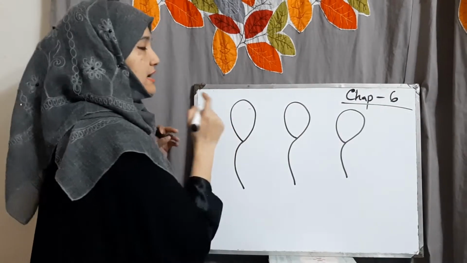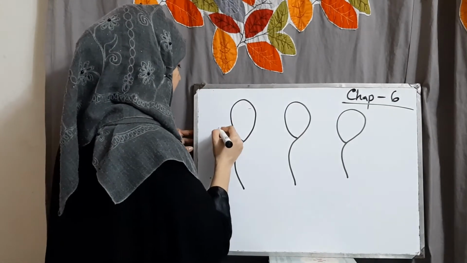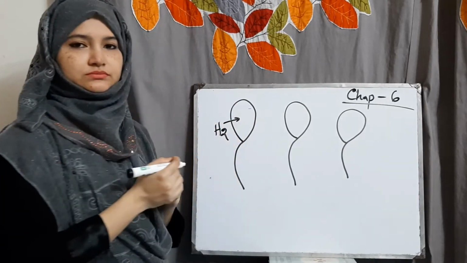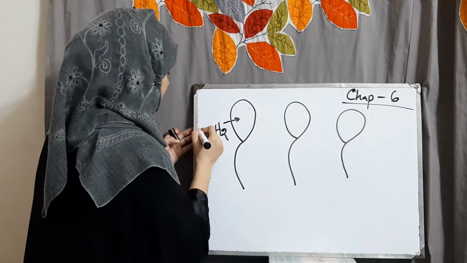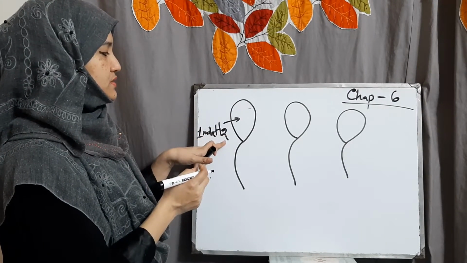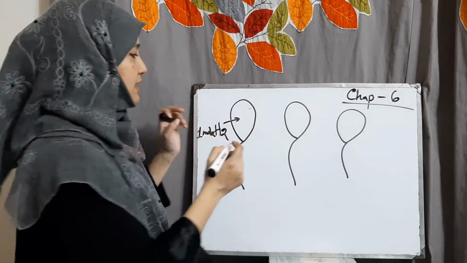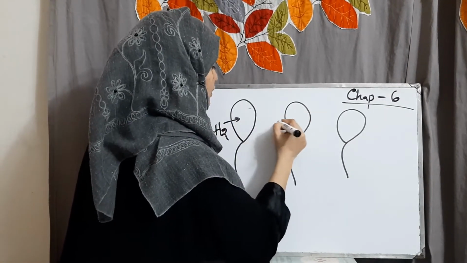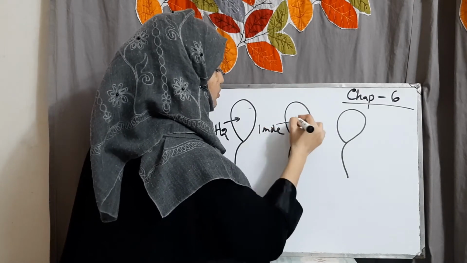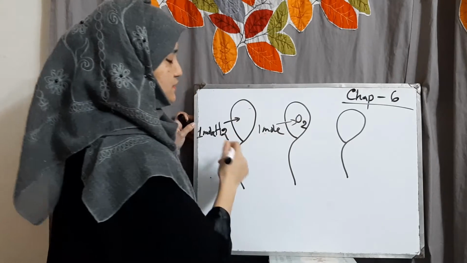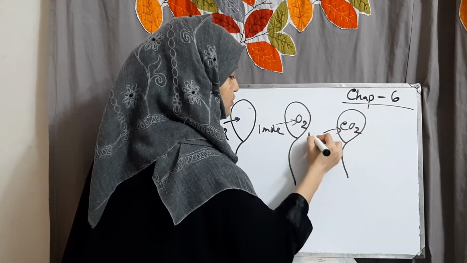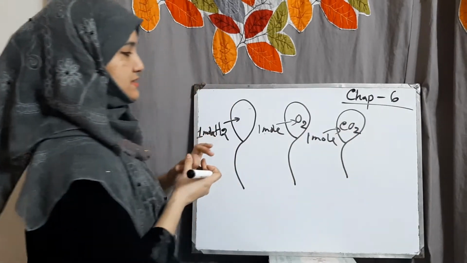Then I insert hydrogen gas in the first balloon, 1 mole of hydrogen gas. Then 1 mole of oxygen gas in the second balloon, and 1 mole of carbon dioxide gas in the third balloon.